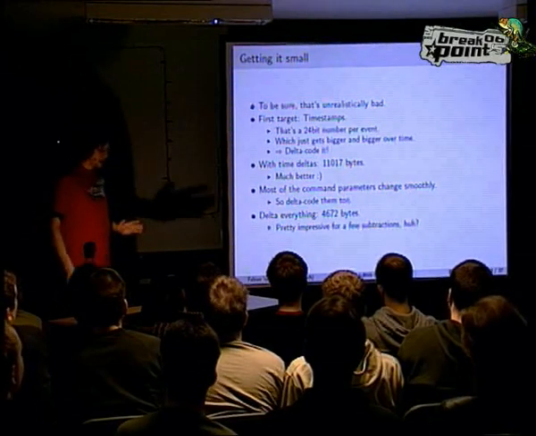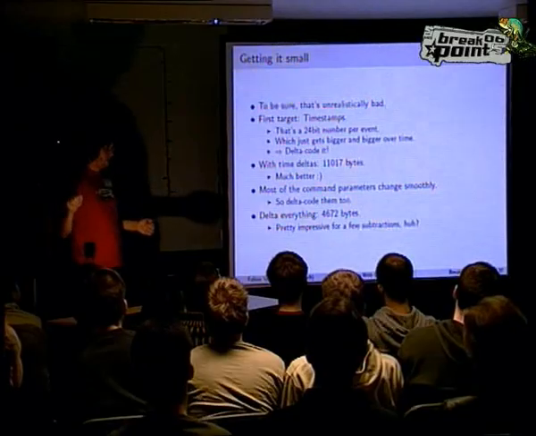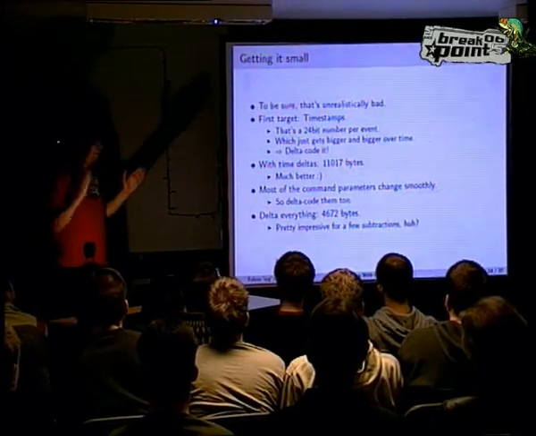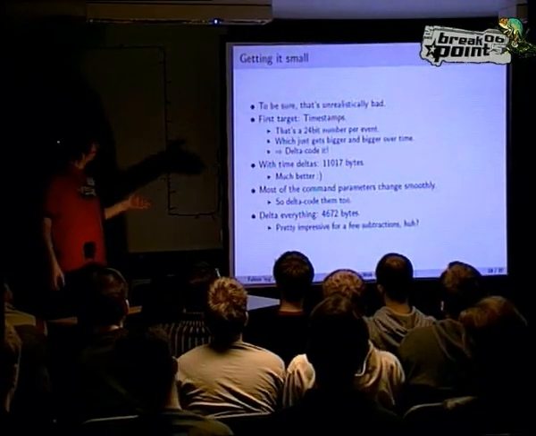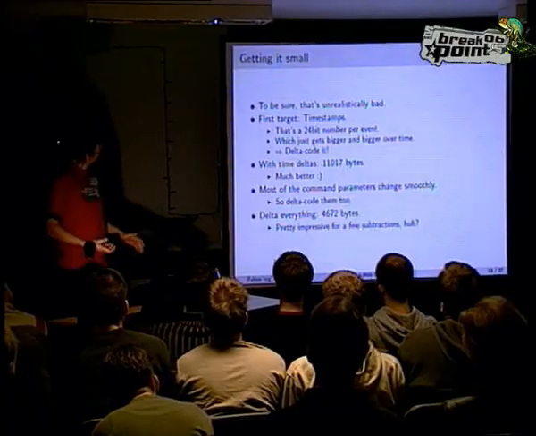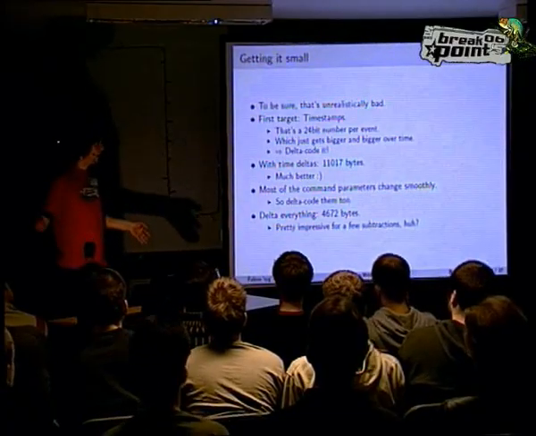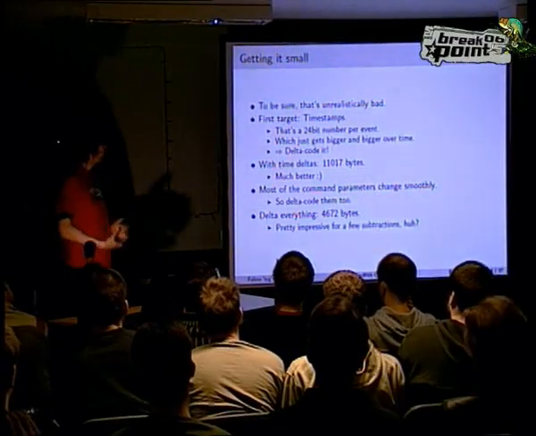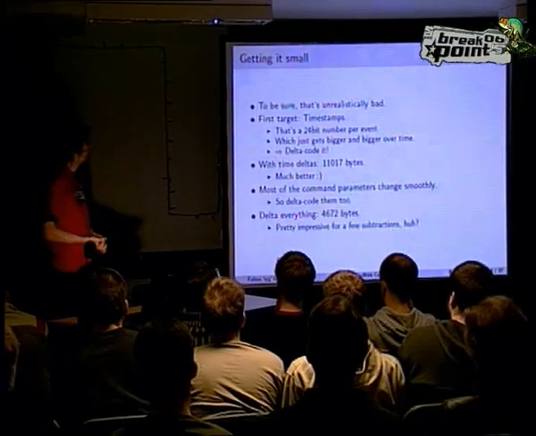So you don't actually have to store complete timestamps. They will always increase, so you can easily delta code them, and the values will get smaller because events are usually close together. And when you just do delta coding for the timestamps, you're down to 11 kilobytes from 88. So this is a huge improvement from what we originally had, with a minimum amount of work.